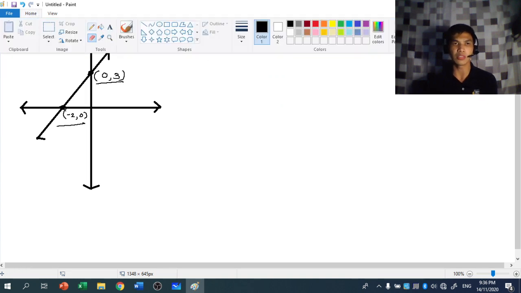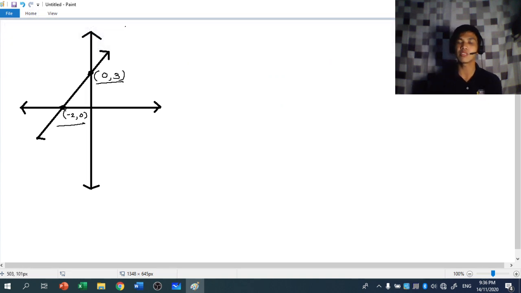Okay, so in order to do that, so again, first find the slope and the x and y intercept, and then let's use the formula y is equal to mx plus b. And then after that, I will choose this one. Yeah, (0, 3). So, let's substitute.